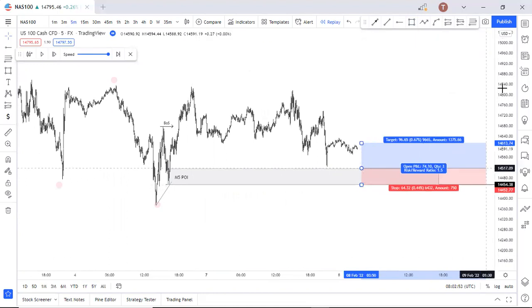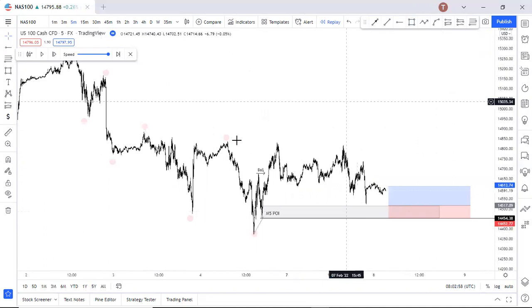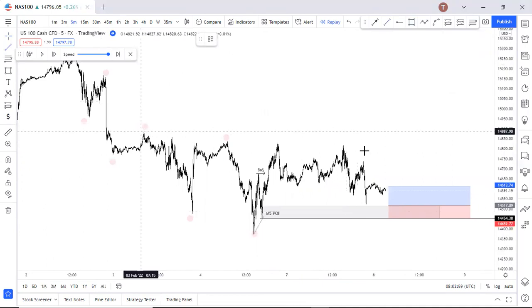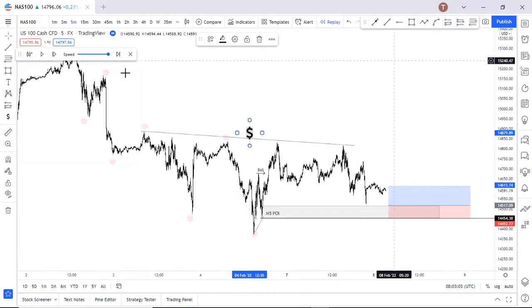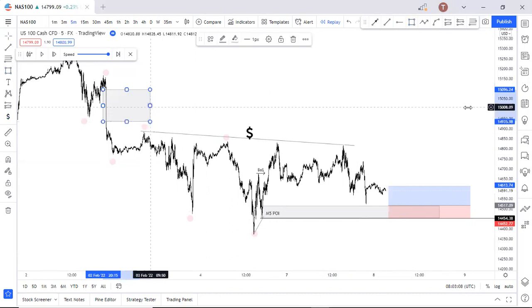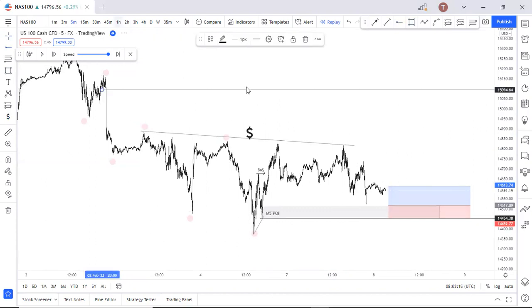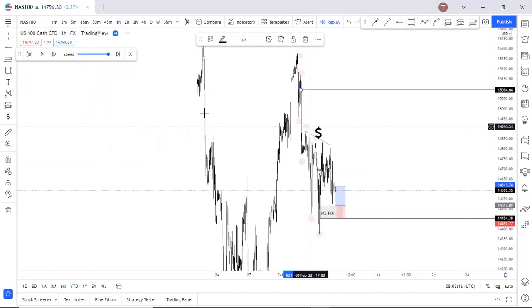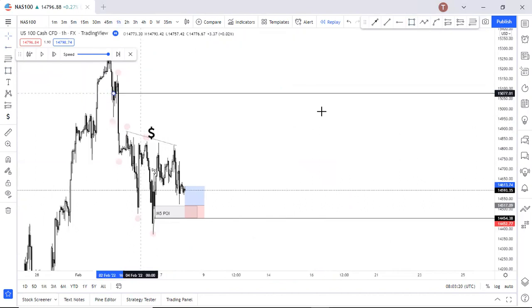Also, for my target, since we have this liquidity to be cleared and we have this imbalance also that the market needs to fill, I decided to use this H1 imbalance fill as my take profit zone.